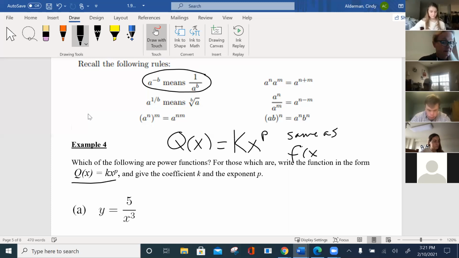F of x is equal to some c x to the n. So they're going to give you different variables, but it's all the same thing, right? There's a constant, a number out front, which is your constant of proportionality.